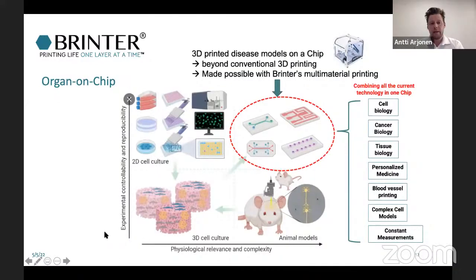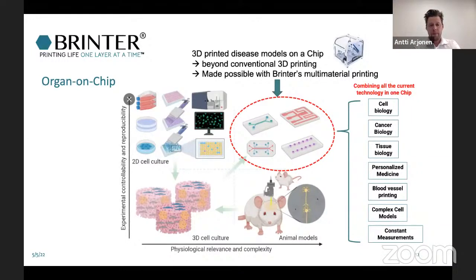One other thing that I would like to talk to you about is how to take this 3D printing to the next level. And it's about organs on chip.